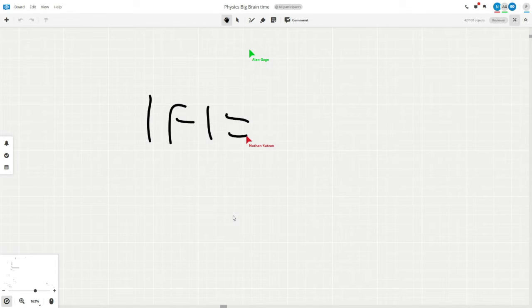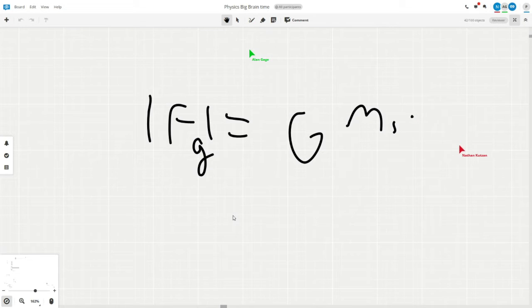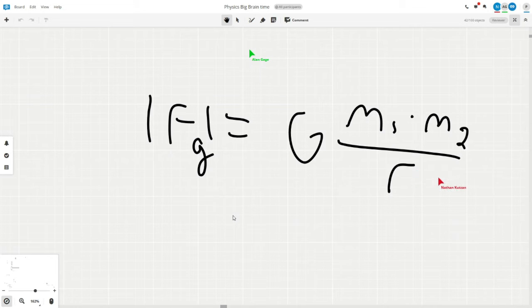The force due to gravity is equal to the gravitational constant times the first mass times the second mass, all over the distance between those two masses squared.